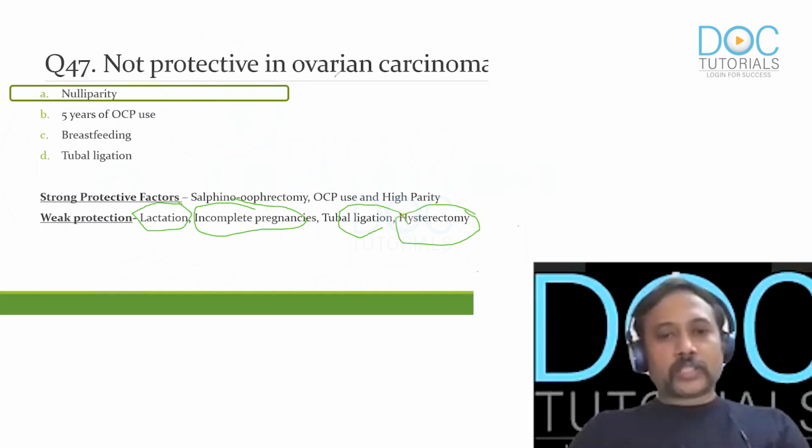That is why hysterectomy is protective, and the same thing applies for tubal ligation as well, because you are interrupting the blood supply. Incomplete pregnancies and lactation are not very effective, because they do not give the complete protection that you have at the time of pregnancy, but they are also weak protective factors available for you in the prevention of ovarian cancer.